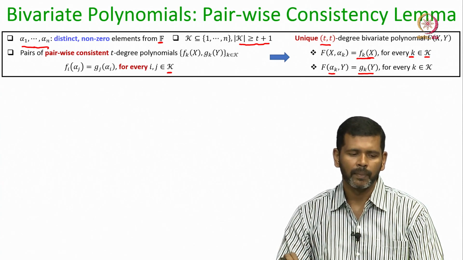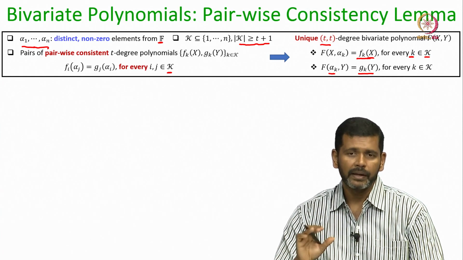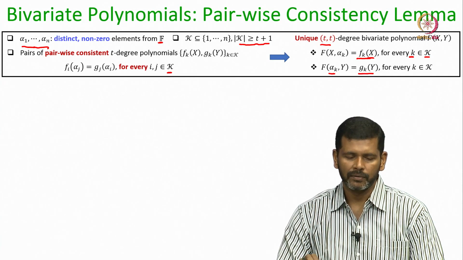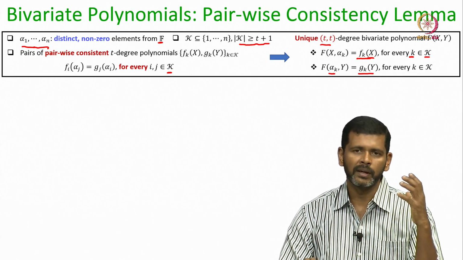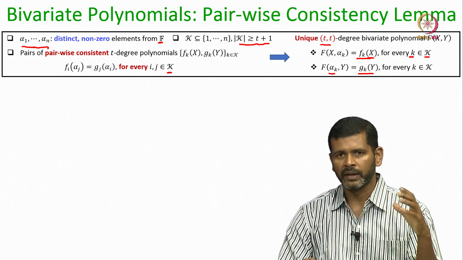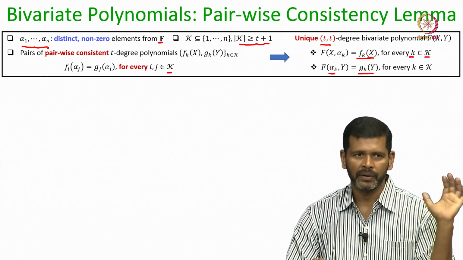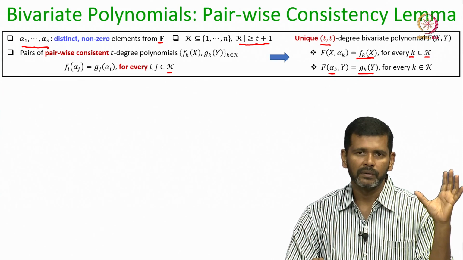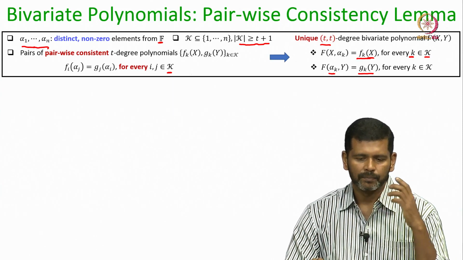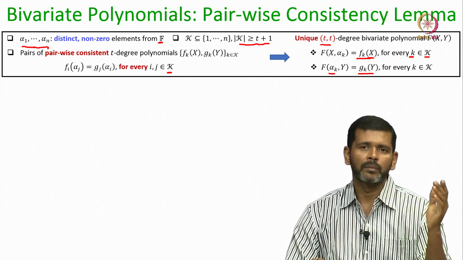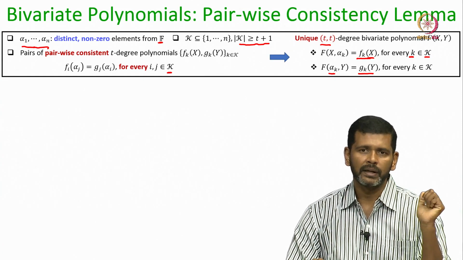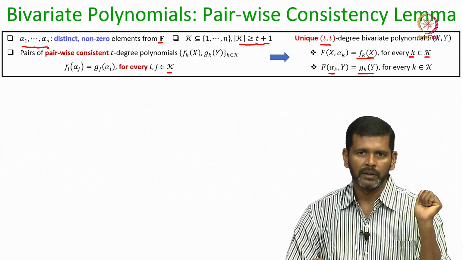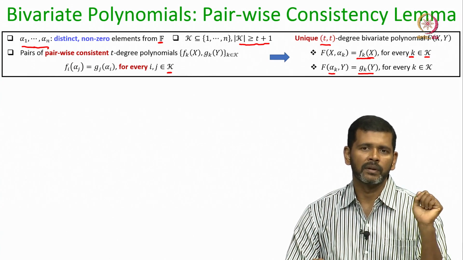What does that mean? So, on a very high level what we are trying to say here is the following. We know that for the case of univariate polynomials, if I give you t plus 1 arbitrary points which are distinct, namely their x components are distinct, then I can always pass a unique t degree univariate polynomial through those t plus 1 points.